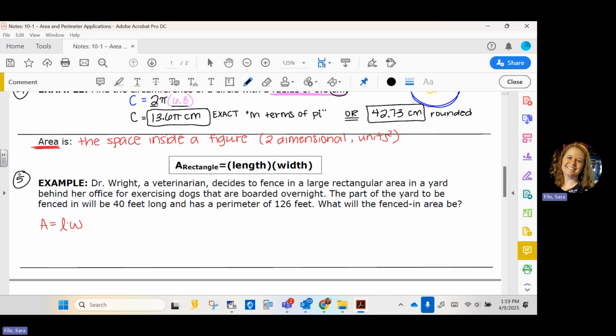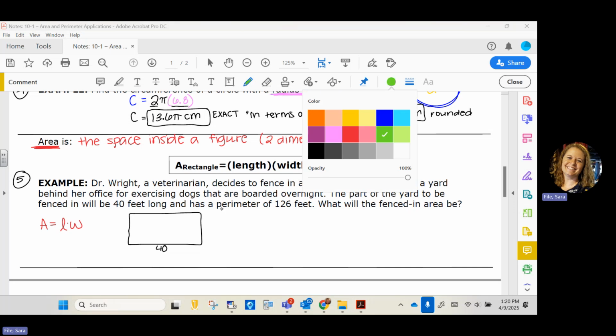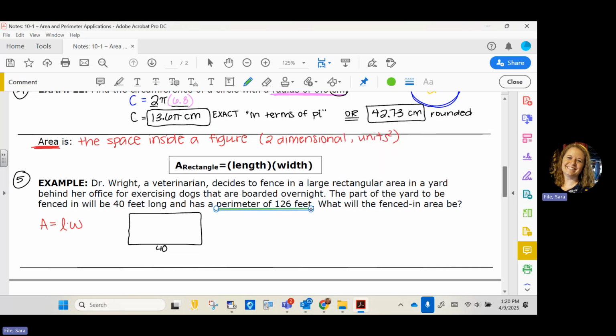Part of the yard to be fenced will be 40 feet long and has a perimeter of 126 feet. What will the fenced in area be? All right, so I'm going to draw a picture of a rectangle, and she says it is 40 feet long. Okay. Now she tells us the perimeter is 126.